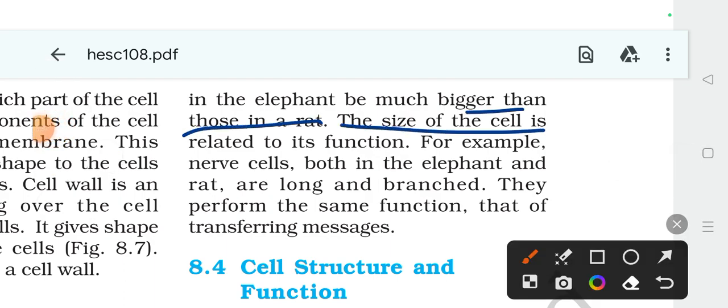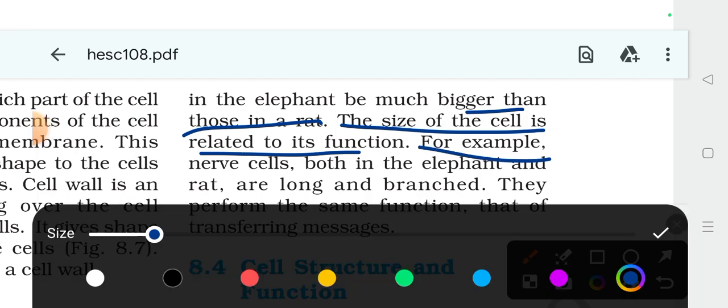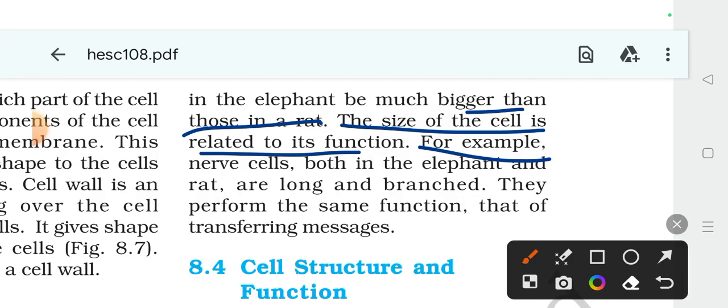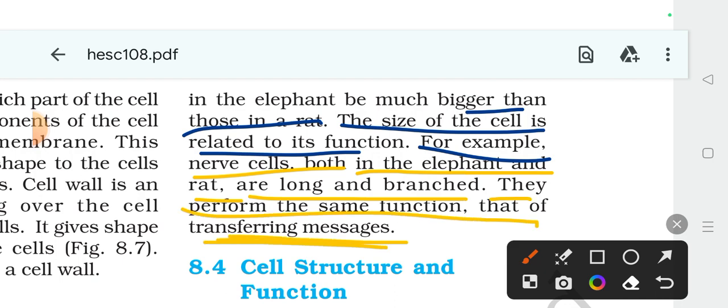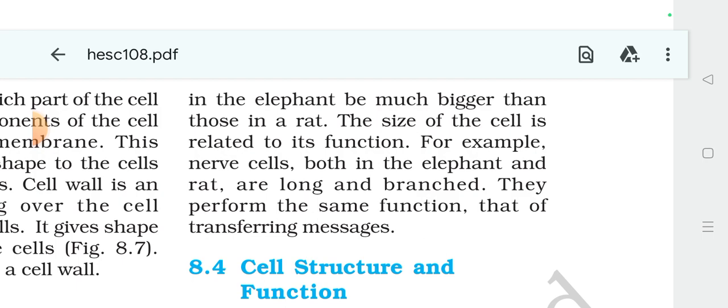The size of a cell is related to its function. For example, nerve cells, both in elephant and rat, are long and branched. They perform the same function, that is transferring of messages.